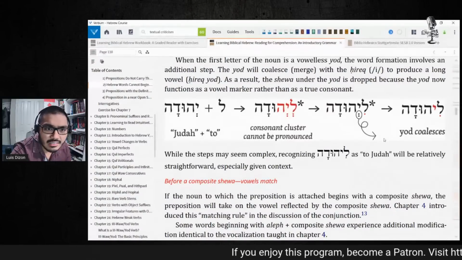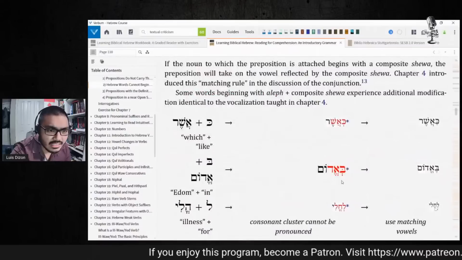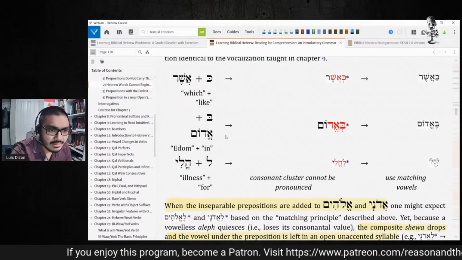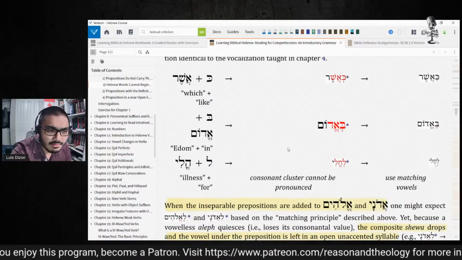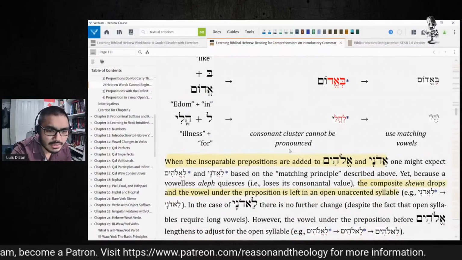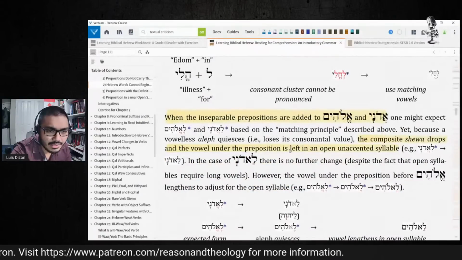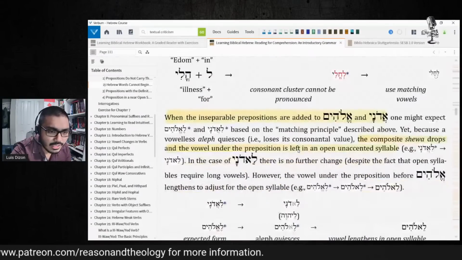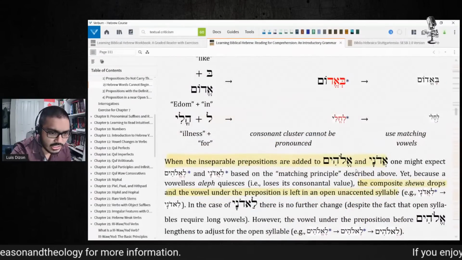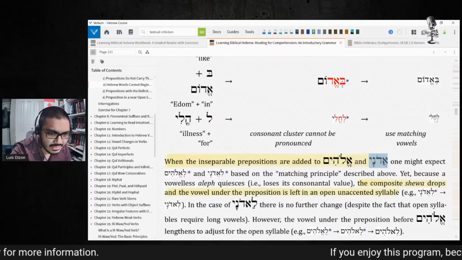And then in some contexts, the vowel on the preposition becomes something different. So two special cases would be the words Elohim and Adonai.